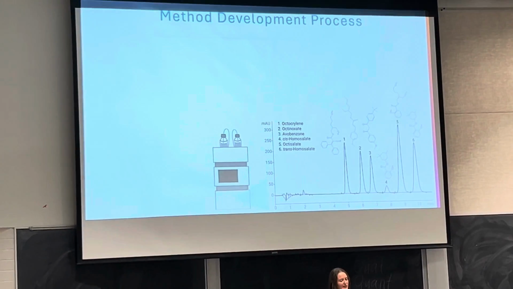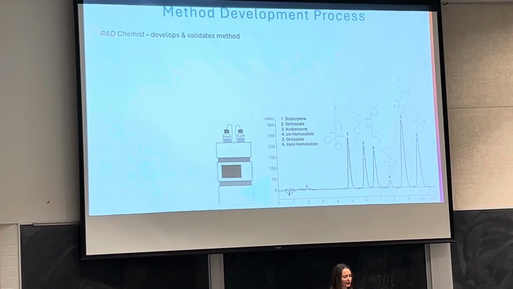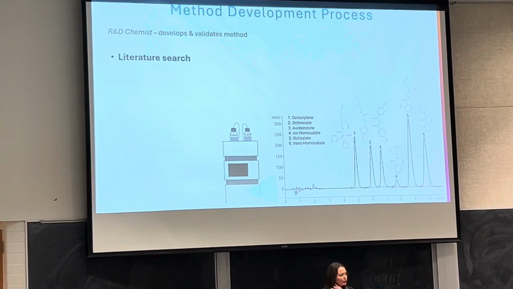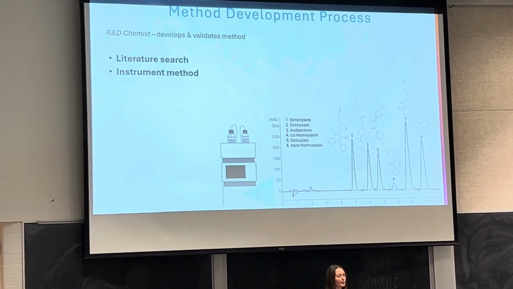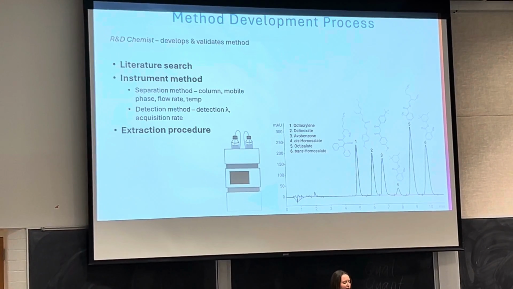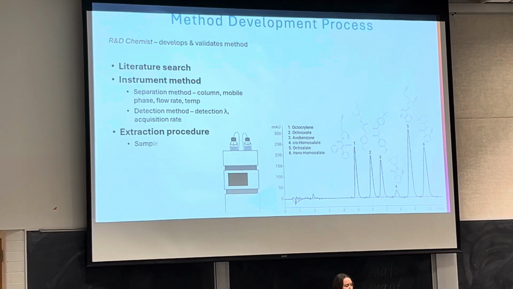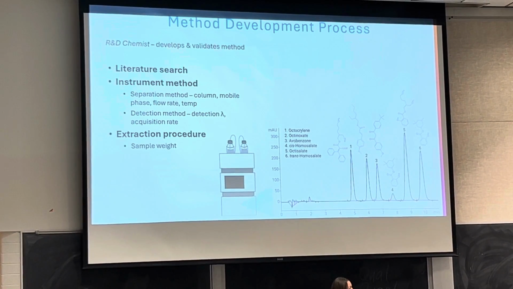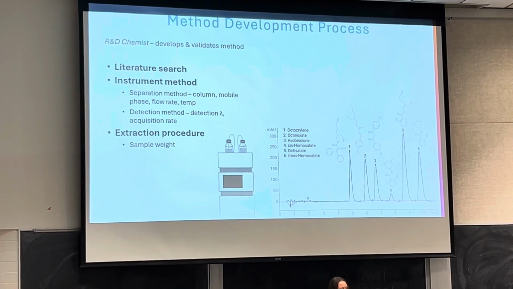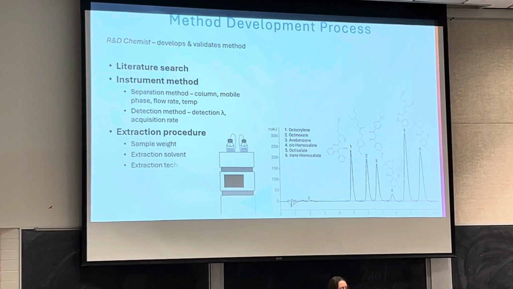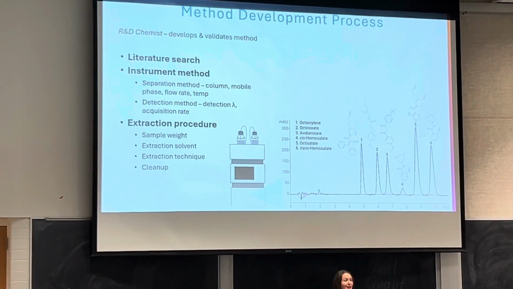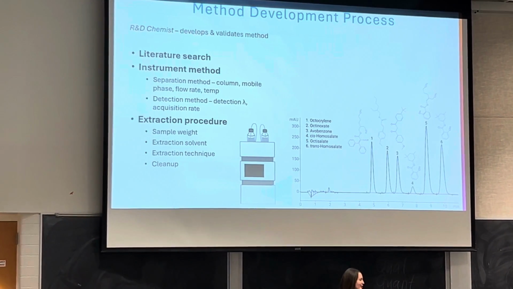Once she gives it to me at the lab, I'm gonna develop and validate the methods. Remember the process. I'm gonna go through a literature search. I'm gonna develop my instrument method, develop all of the optimal settings on my instrument. I'm also going to develop an extraction procedure to extract those active ingredients out of the sunscreen. I need to come up with a sample weight, an extraction solvent, an extraction technique, and my method cleanup, which we're going to learn soon.